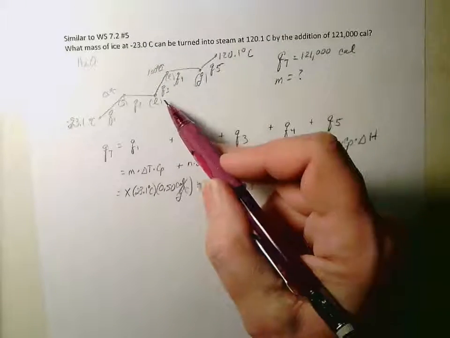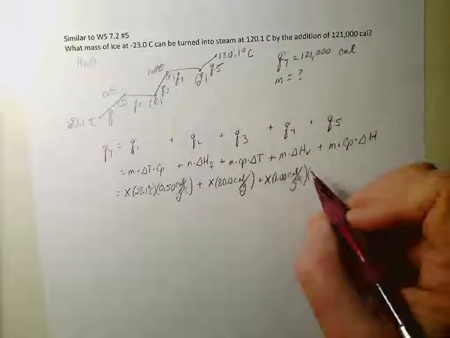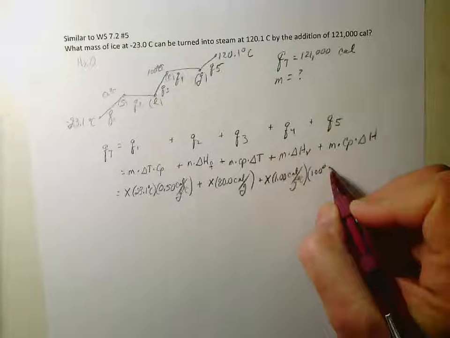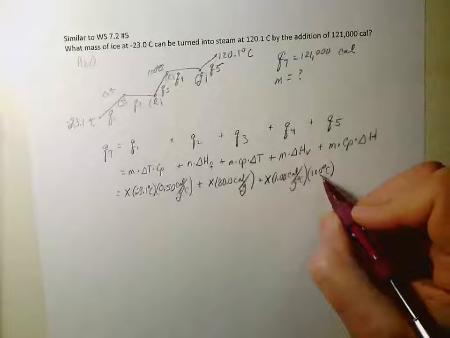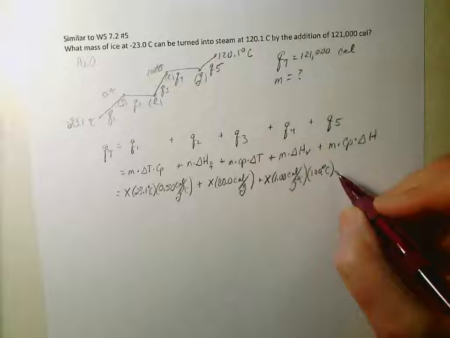And the change in temperature here is going to be from 0 to 100, so that's 100 degrees Celsius. And that would have at least 3 significant figures.